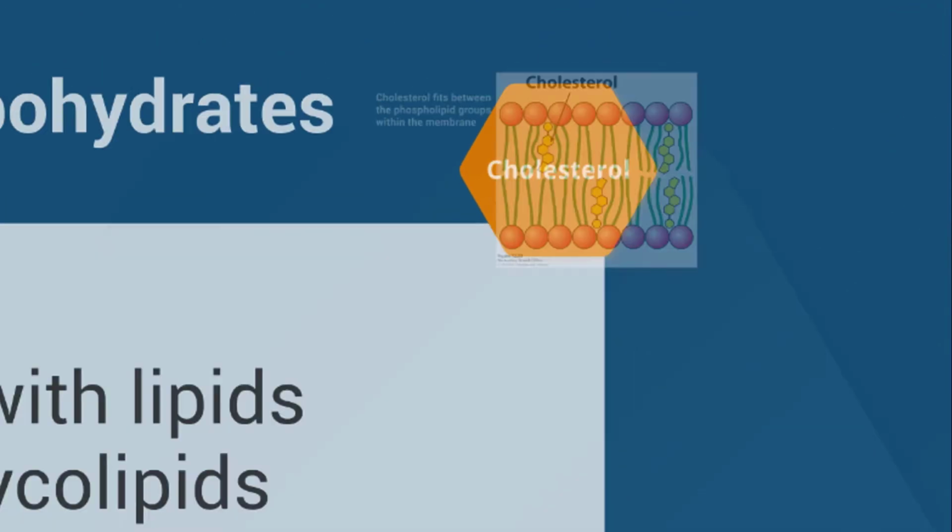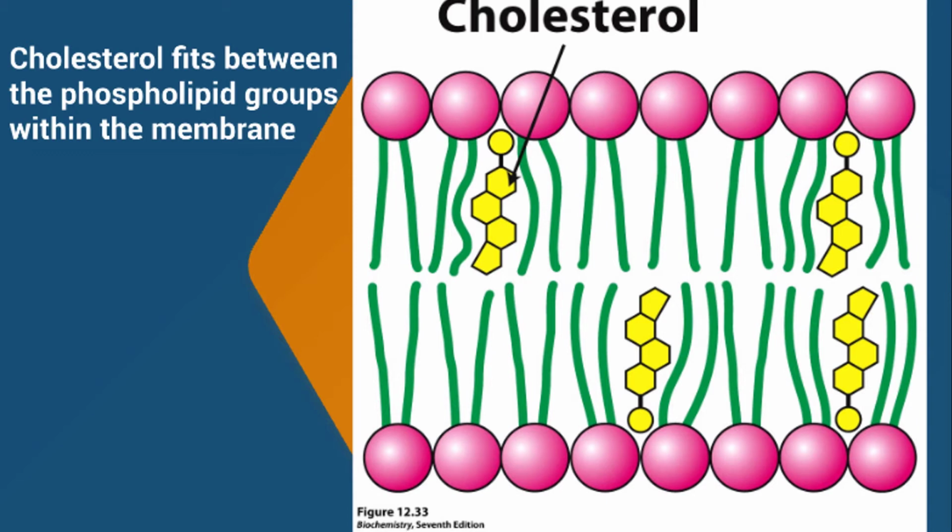And cholesterol. Animals have an additional membrane constituent that assists in maintaining fluidity. Cholesterol, which lies alongside the phospholipids in the membrane, tends to dampen the effects of temperature on the membrane. Thus, this lipid functions as a fluidity buffer, preventing lower temperatures from inhibiting fluidity and preventing increased temperature from increasing fluidity too much.